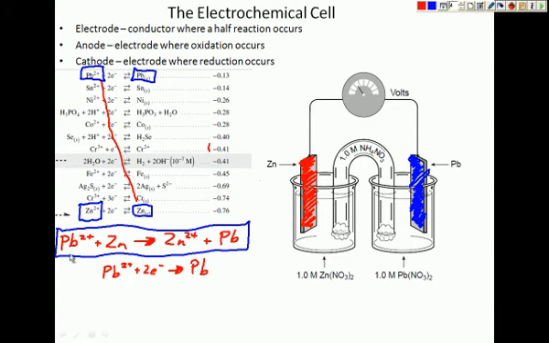So Pb right here is gaining 2 electrons to make this one, and Zn solid is losing 2 electrons to make Zn2+.